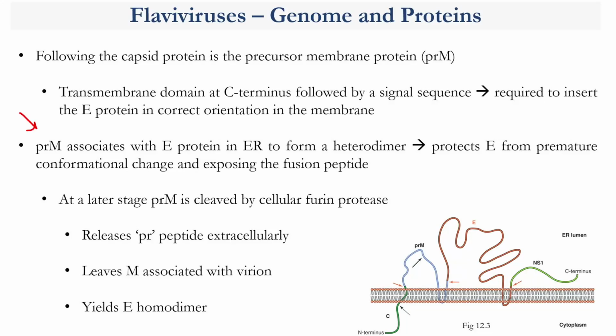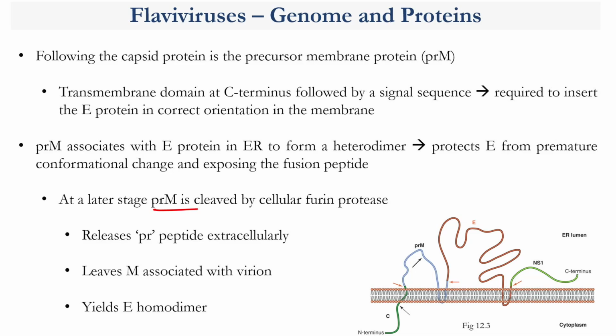PRM, the precursor M protein, associates with the E protein in the ER, and it forms a heterodimer. And this protects E from premature conformation change, okay? If you prevent that, you're going to prevent exposing of the fusion peptide as well, okay? At a later stage in the virus replication cycle, your precursor M is cleaved by a cellular protease.